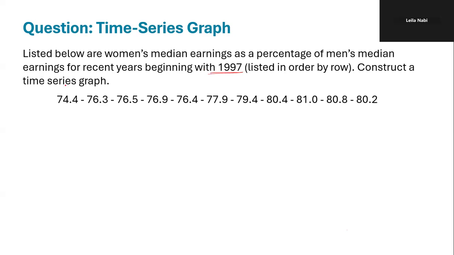So the first number is for 1997, the second one is 1998, 1999, 2000, 2001, 2002, 2003, 2004, 2005, 2006, and 2007. So the years are your x values, which you put on the horizontal axis, and you put the data values for each year on the y-axis, the vertical axis.